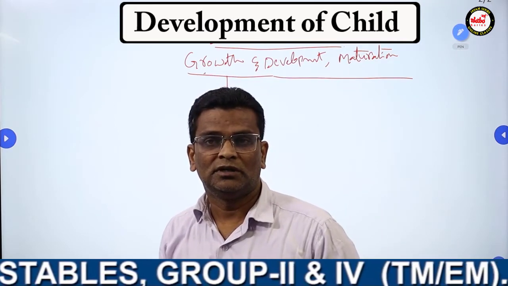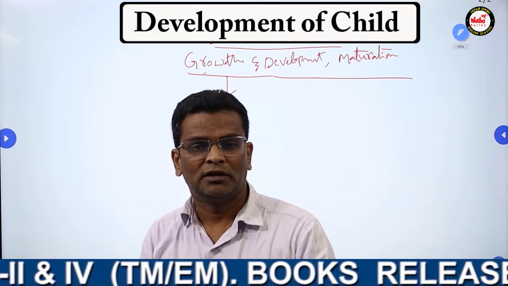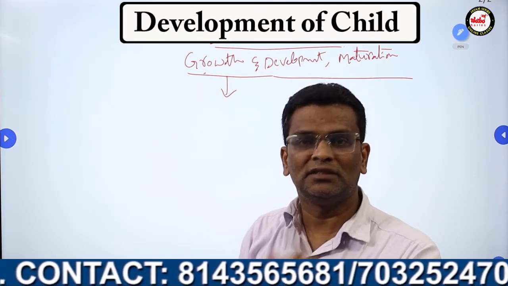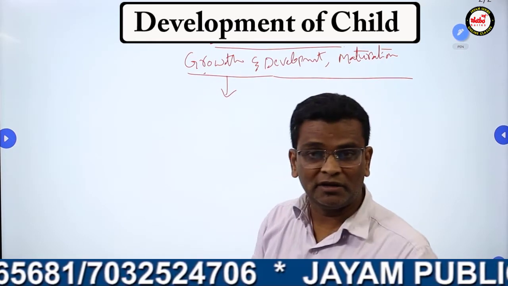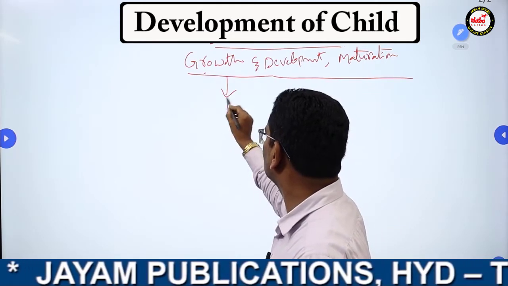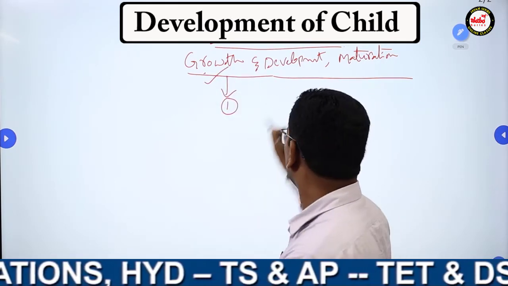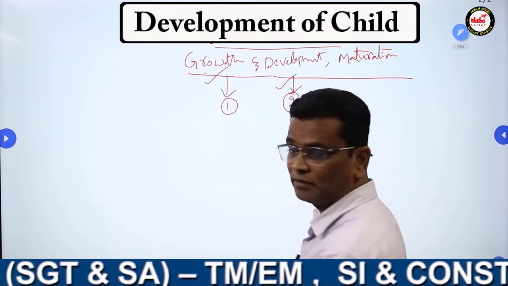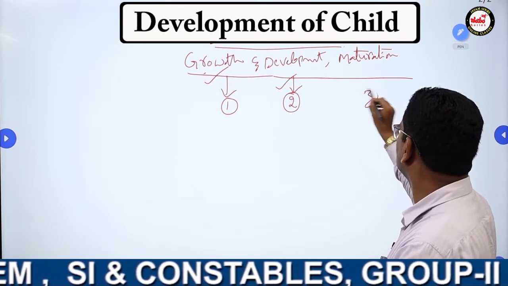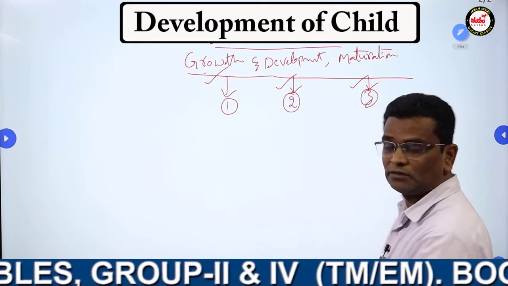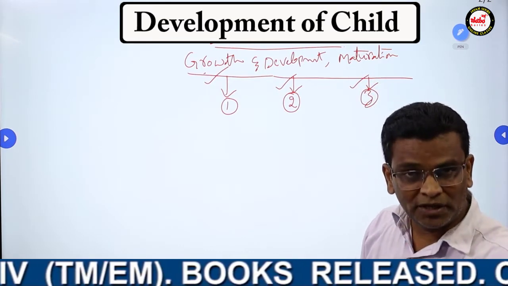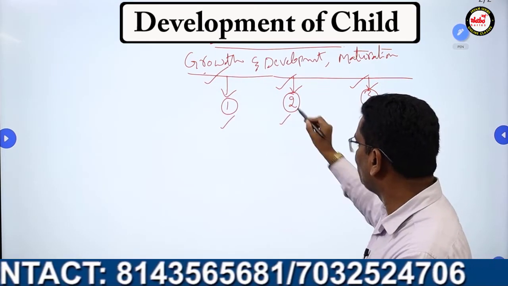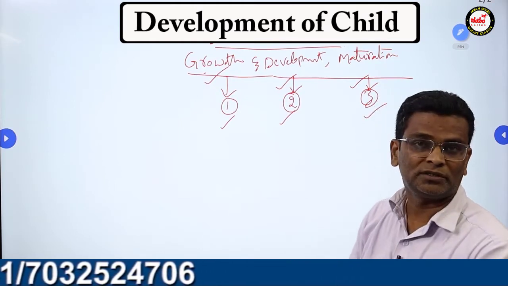You know that human behavior depends upon three things. One is growth. Second is development. Third is maturation. It means behavior changes by growth, by development and by maturation.